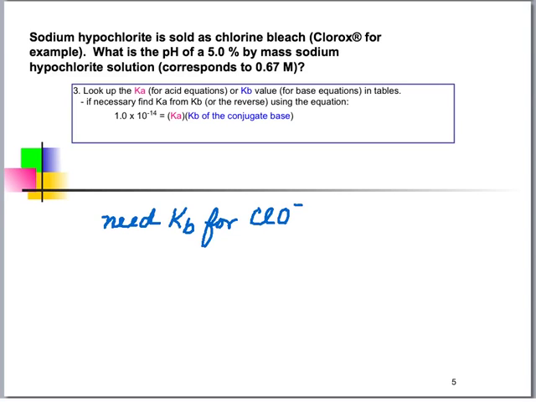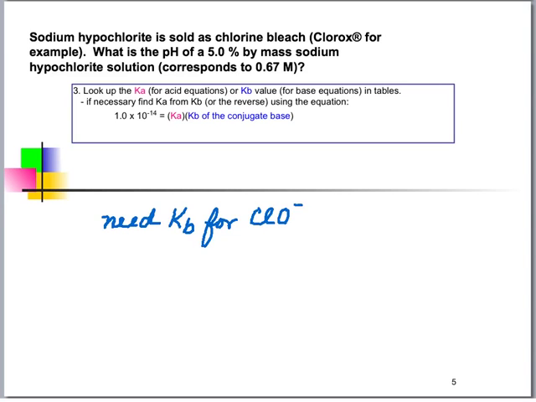Since we have a base here, we need a Kb. So we need the Kb for ClO-, not sodium hypochlorite. The sodium isn't involved here, just ClO-, but that is not in tables. You will find that the salts, or the ions, are not in tables, only neutral compounds with no charge.